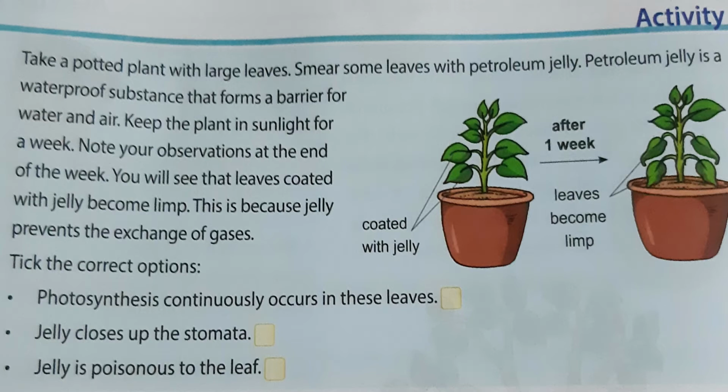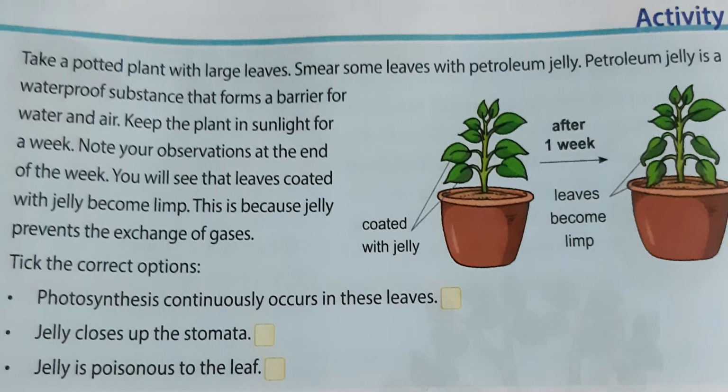Now, keep the plant in sunlight for a week. Observe the plant after a week. You will see that the leaves which are coated with petroleum jelly become limp. That means the leaves which are coated with jelly become weak.